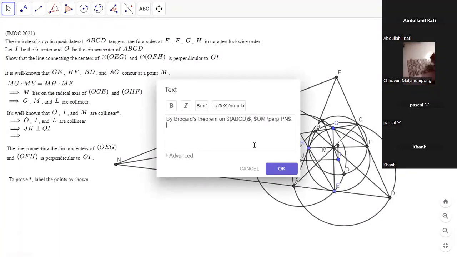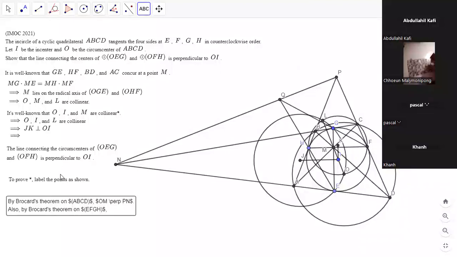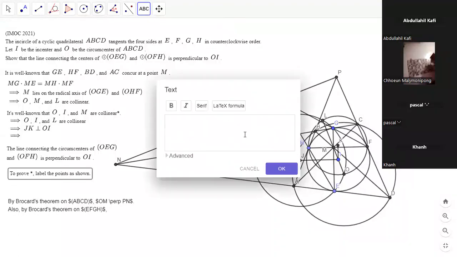And then also by Brocard's theorem on the inner circle, so E, F, G, H. Okay, so I'll say by Pascal's theorem, Q equals EF intersect GH, and R, not shown, lies on PN.